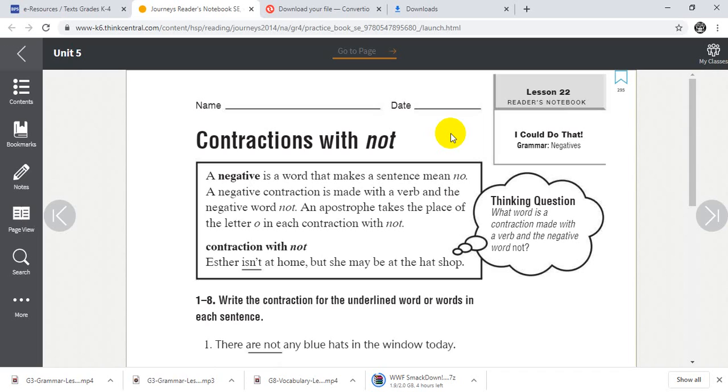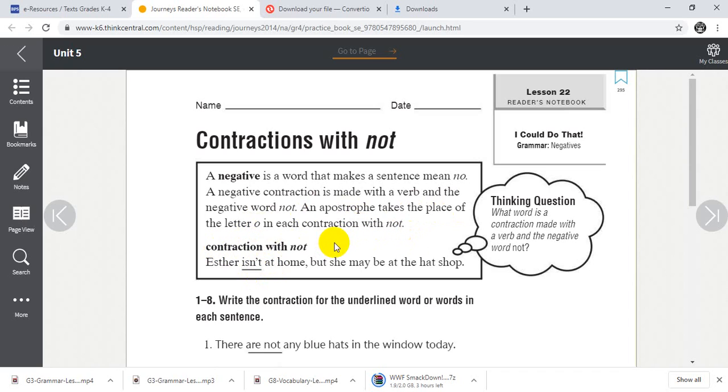A negative is a word that makes a sentence mean no. A negative contraction is made with a verb and the negative word not. An apostrophe takes the place of the letter O in each contraction with not.